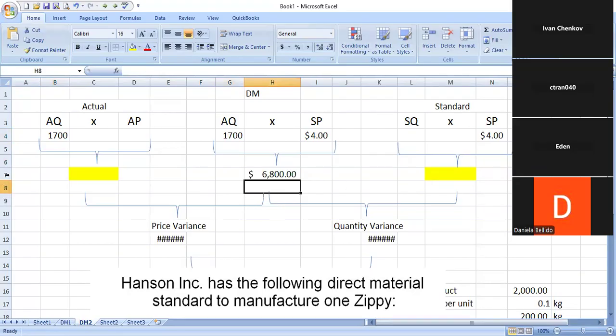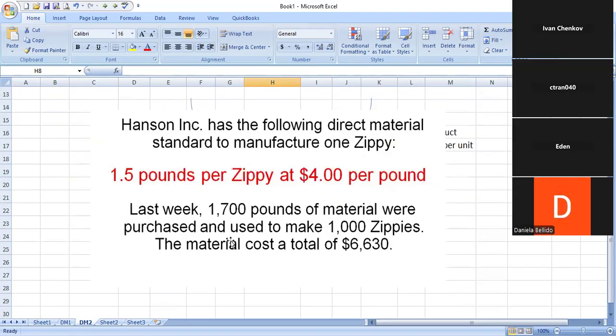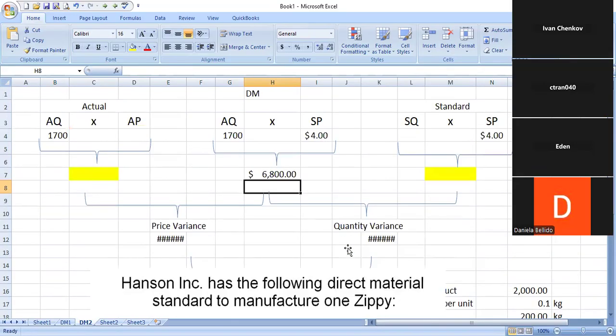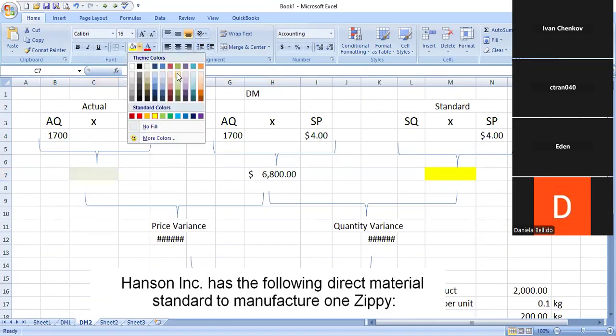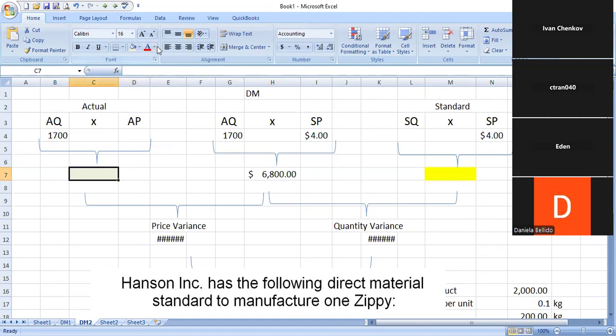Let's see what's happening now. Next one in the question: the total material cost is $6,630. Which one will that be? That will be this one, correct? Let's make it green.